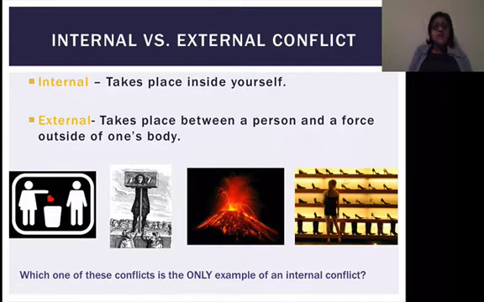So there is only one kind that is internal, which is character versus self, and the other 3 kinds, character versus character, character versus society, and character versus nature, are all external because those conflicts take place outside of the individual character facing the problem. So remember that there's internal and external, and the only one that is internal is character versus self.